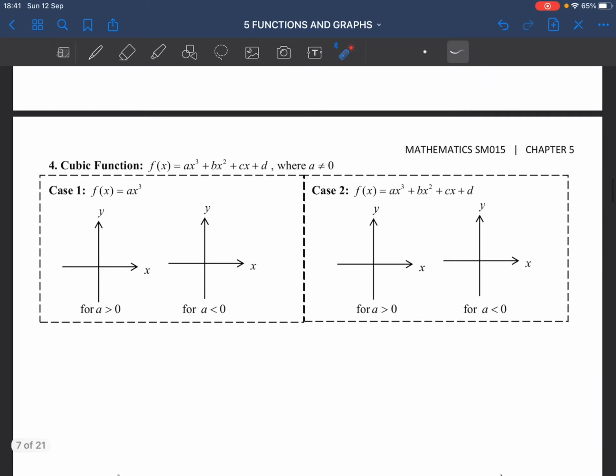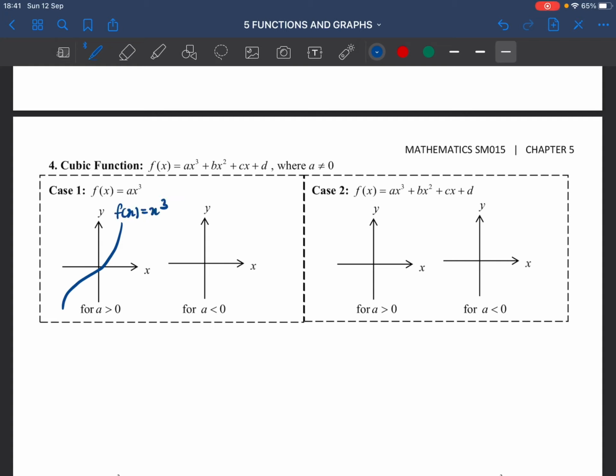Okay, so the shape, let's see for case 1, cubic function, the shape is like S. Dia ada slanted dekat tengah-tengah kita. Contoh, if your A is positive, so kita ada positive x cube, this shape should be looking something like this. Okay, daripada kanan turun ke kiri. So this is fx equals to x cube, positive x cube.